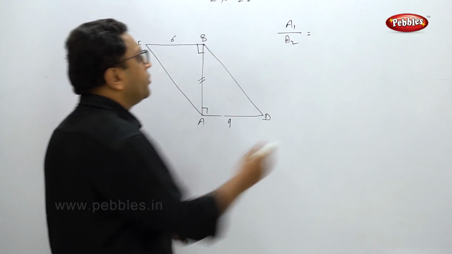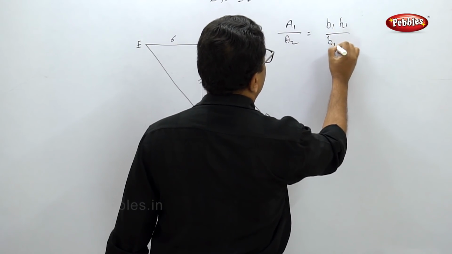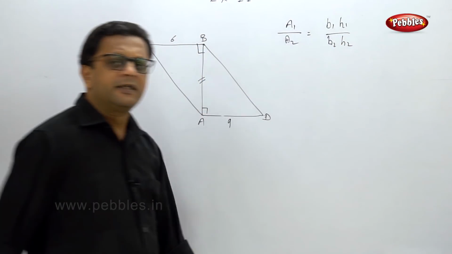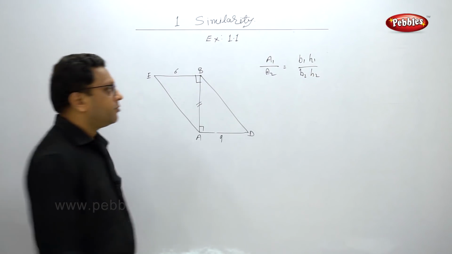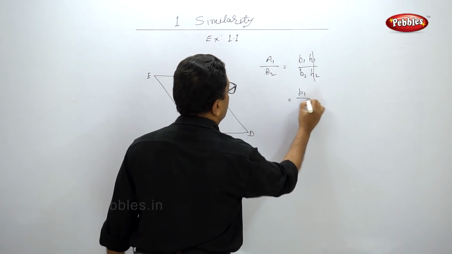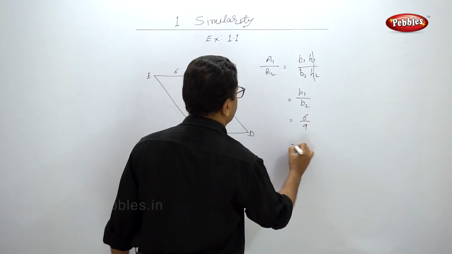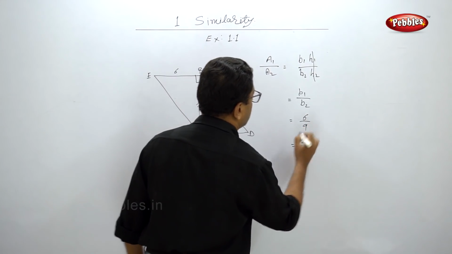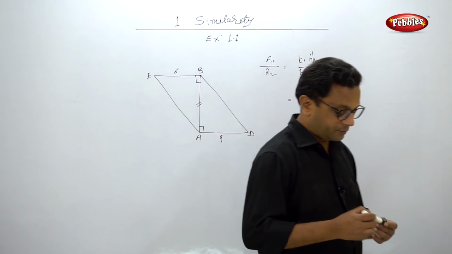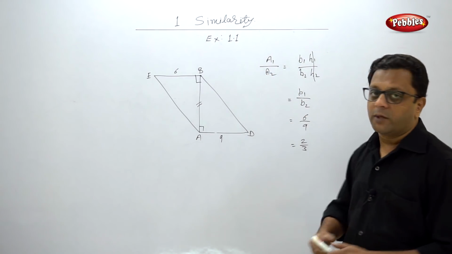So this is equal to B1 H1 upon B2 H2. Since the height is the same, it will get cancelled, and this is nothing but B1 upon B2, which is 6 upon 9, equal to 2 upon 3. So A1 upon A2 is equal to 2 by 3.